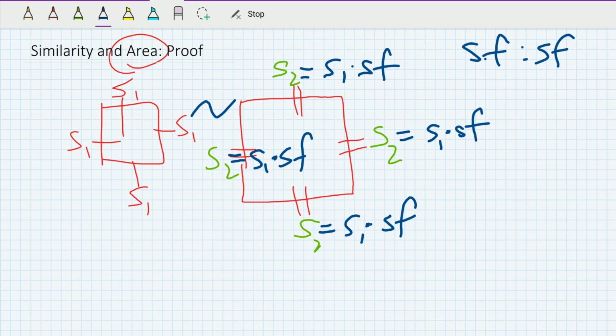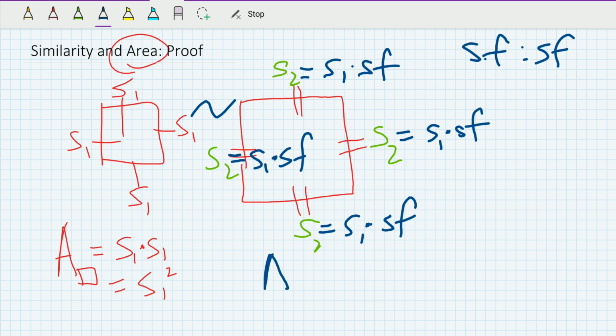So what I'm going to do now is calculate the area. The area of a square, we know, or I hope you know, is just the two sides being multiplied by each other. So side 1 times side 1. You can even, if you really want to, write this as side 1 to the second power, but it doesn't really matter. Now let me show you the area for the second square.